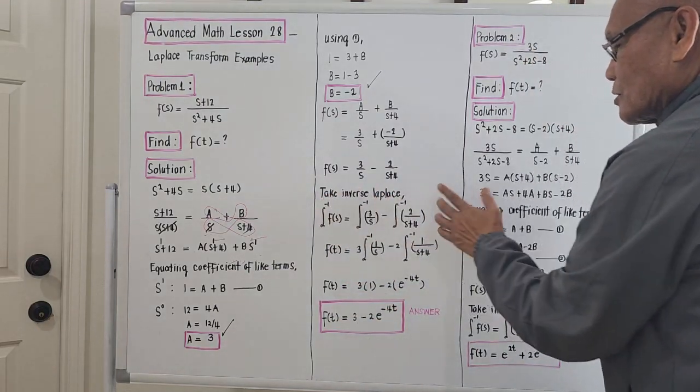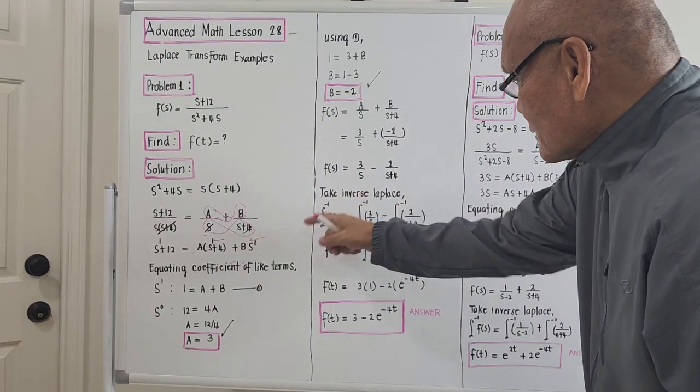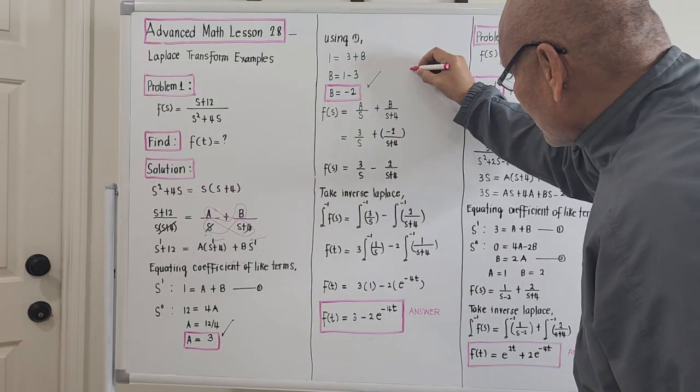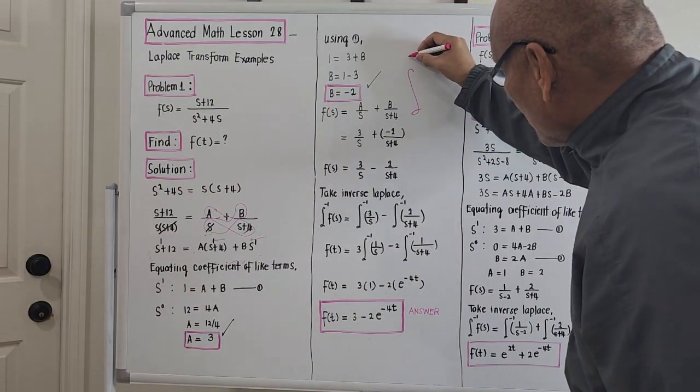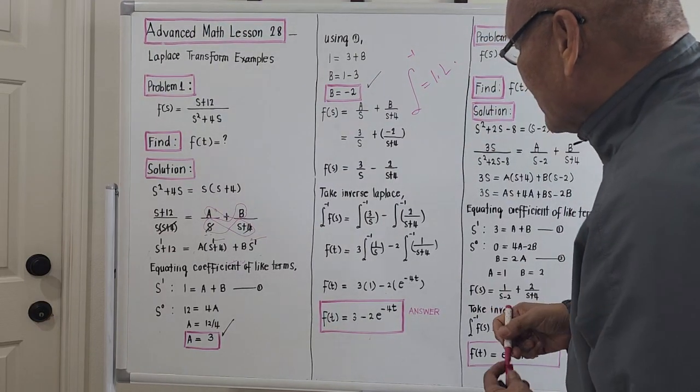Take the inverse Laplace transform of both the left and right. The inverse Laplace transform of function of S, this is Laplace transform, right? If I put a negative 1 here, meaning inverse Laplace. Okay?